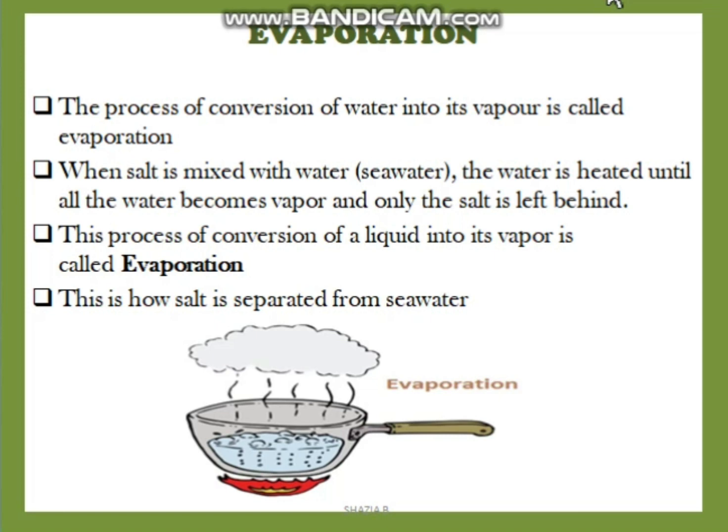In fact, this is one of the important methods to obtain salt from the sea. Now, how do we heat the water of the sea? We know the sea is very huge and there is a lot of water. So, it is a natural process. The sea is always exposed to the heat of the sun, and this heat provides the temperature for the evaporation of seawater.